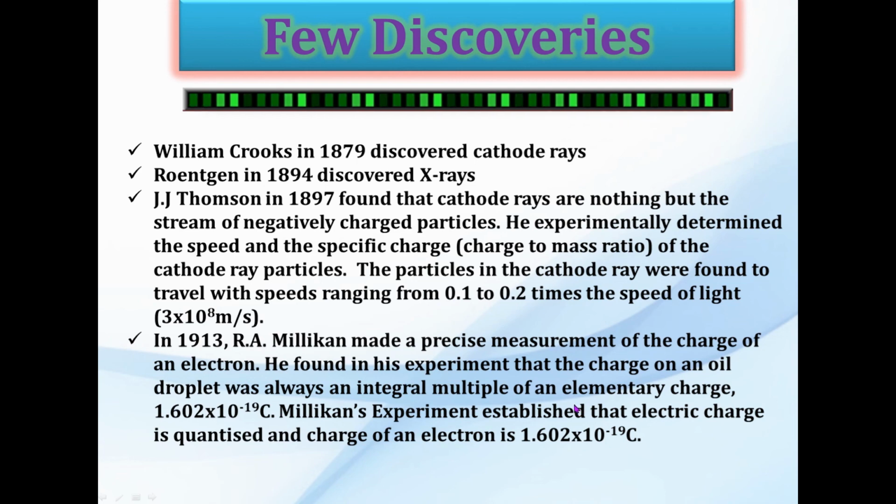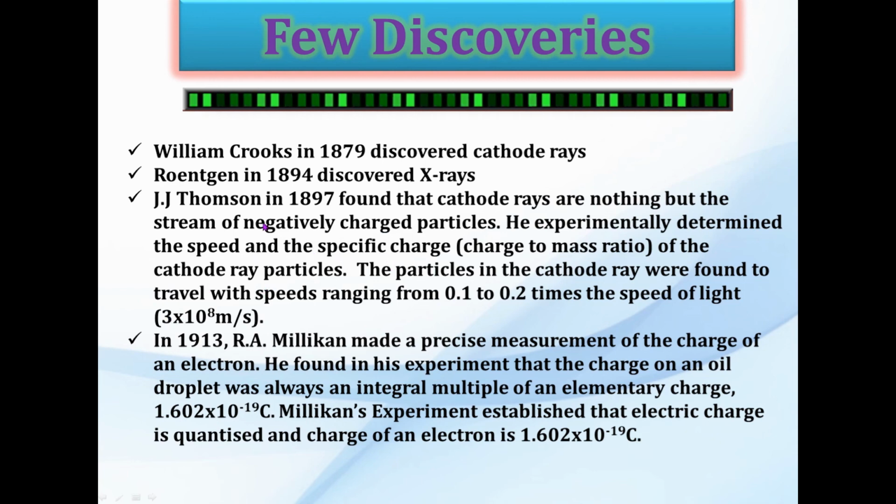The discovery of the electron was made in 1897, as I had already mentioned, and the oil drop experiment in 1913. So many experiments were conducted and many more discoveries were made with regard to these experiments.